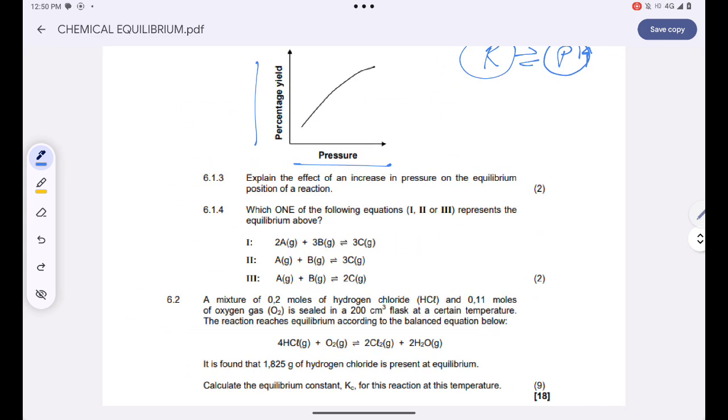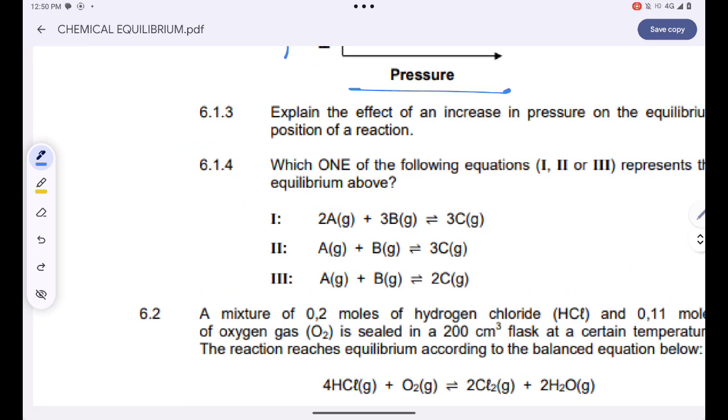Which one of the following represents the above equilibrium? Let's check the number of gases we have on the left hand side compared to the ones on the right hand side. Whenever we check the number of gases, we just focus on the stoichiometric coefficients.